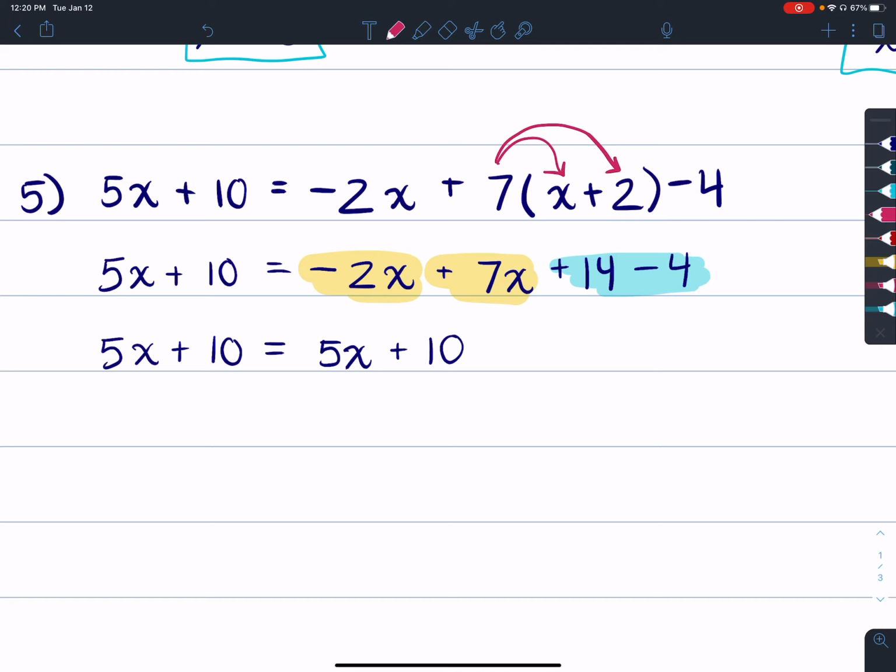I don't really have any other reason for it. So I'm going to move this 5x over to the left side because that's where I want to put it. And if I want to get rid of a 5x, I have to subtract 5x. If I subtract 5x on one side, I subtract 5x on the other.